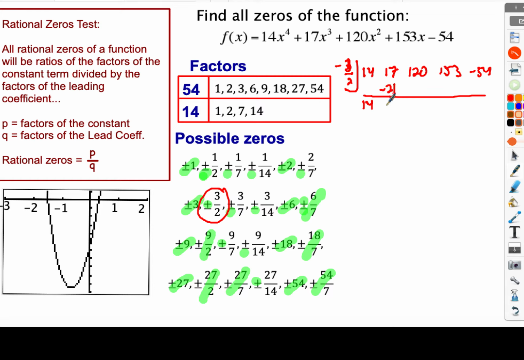Negative 21, though, makes for negative 4, which would be a positive 6, which is 126, which would be a negative, and I'm going to go ahead and take advantage of my calculator here. 126 times 1.5 is going to be 189 plus 153.